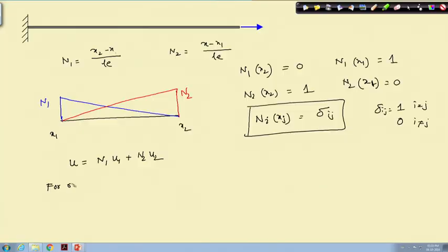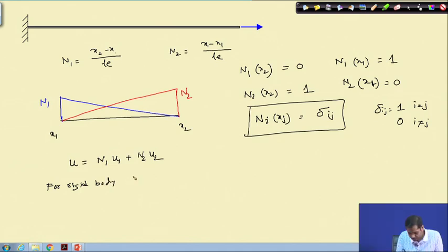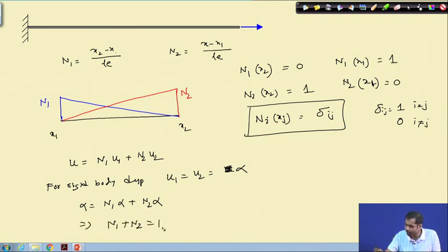Okay. So, for rigid body movement, rigid body displacement, what happens? Say u1 is equal to u2, suppose this is equal to some constant alpha. And then what happens? Alpha is equal to n1 alpha plus n2 alpha, and this gives you a very important property, n1 plus n2 is equal to 1.